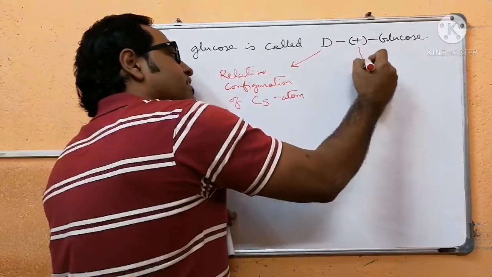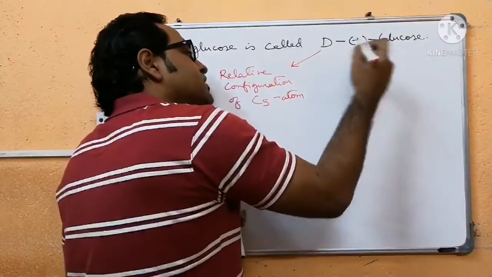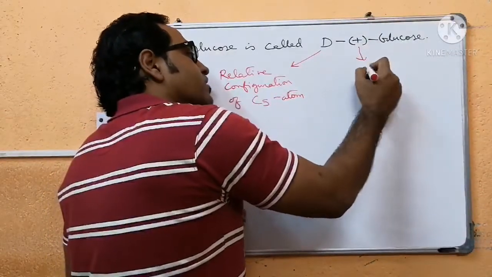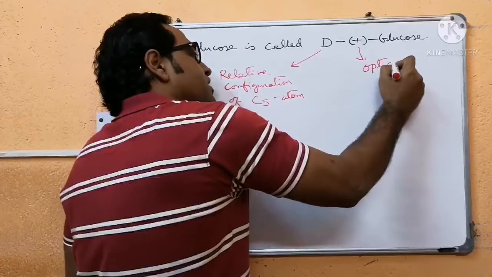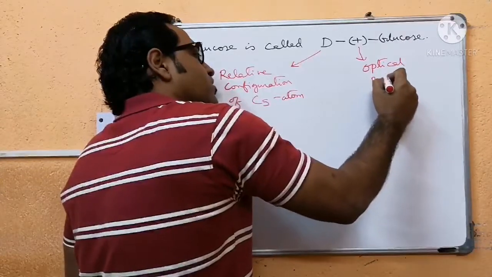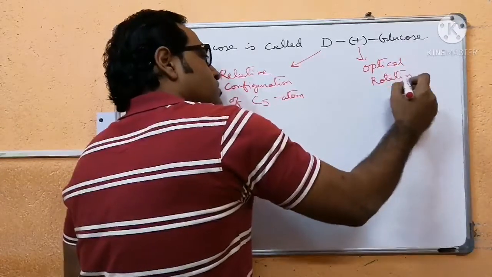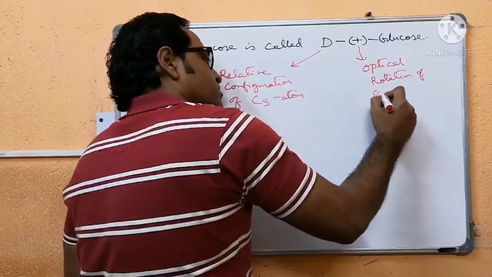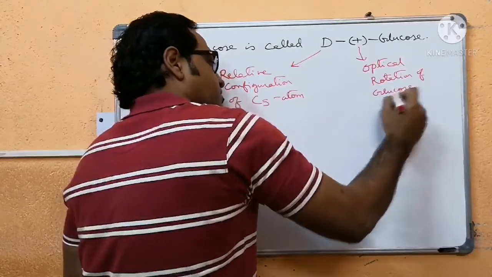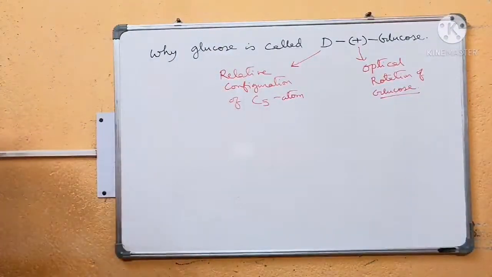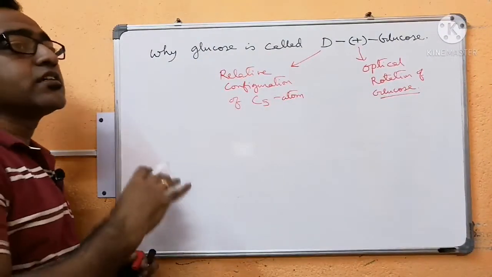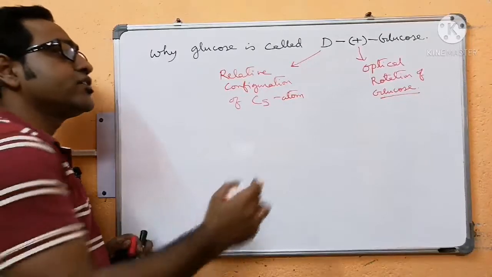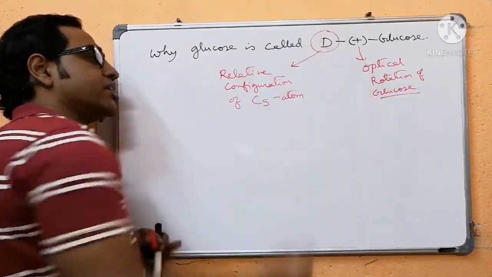And this plus sign gives the specific or optical rotation of glucose. Plus means dextrorotatory, minus means levorotatory, and this optical rotation has nothing to do with this term capital D.